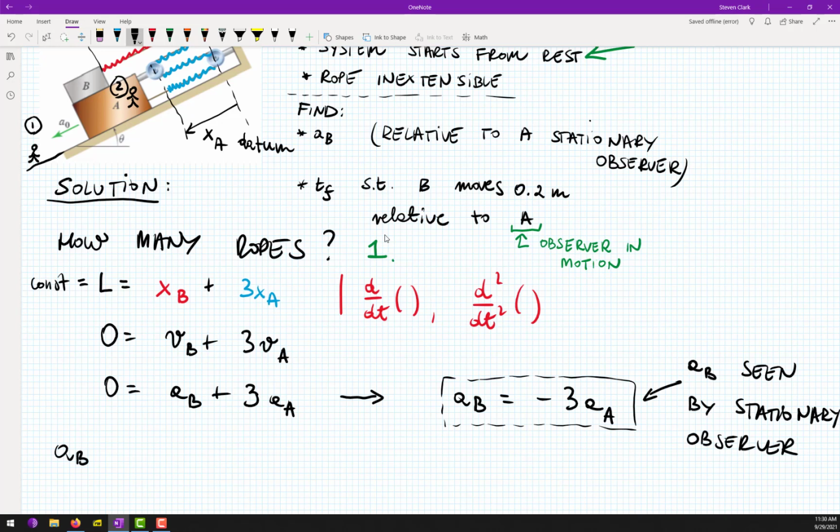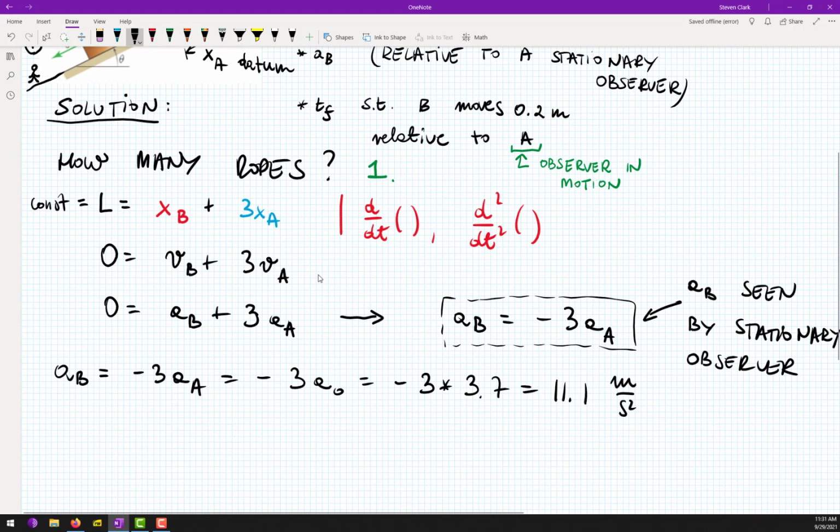So AB is equal to minus 3AA, and that was equal to minus 3A0. Plug in values, and this is exactly 11.1 meters per second squared. AB is equal to 11.1 meters per second squared. This is the answer, part A.